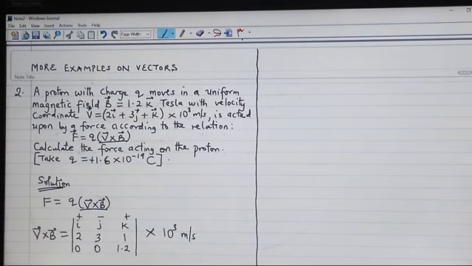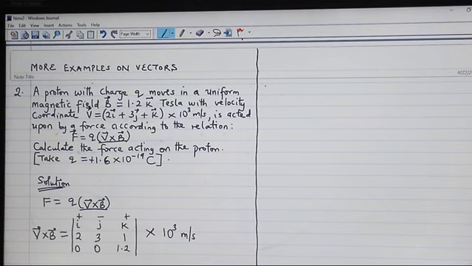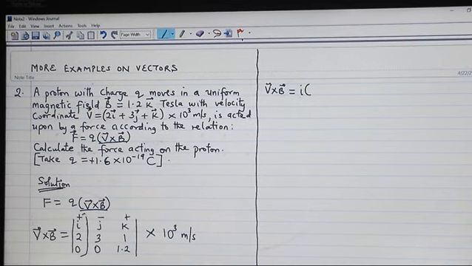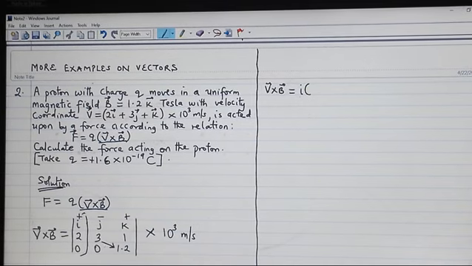Going further, we say V cross B will be equal to i into, just like we did previously, we block this column and multiply diagonally. So it will be 3 times 1.2 minus 0 times 1.